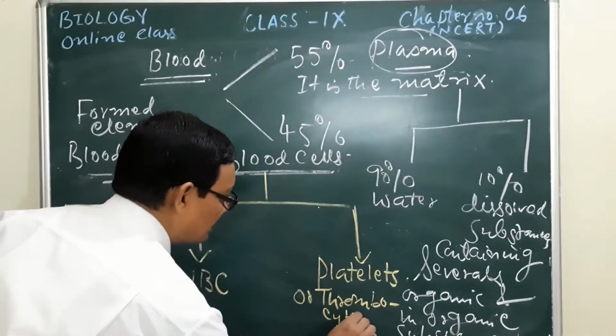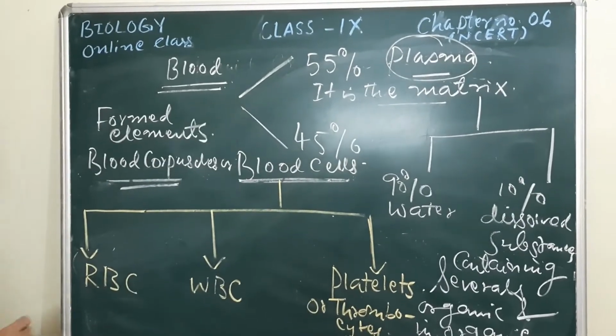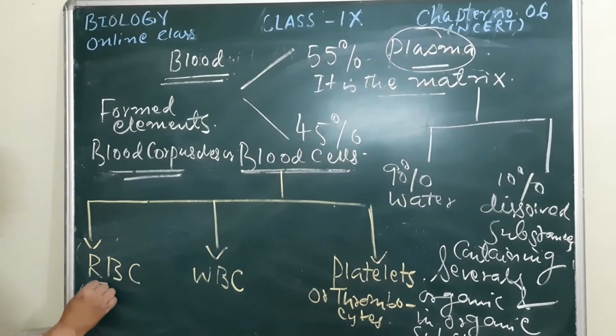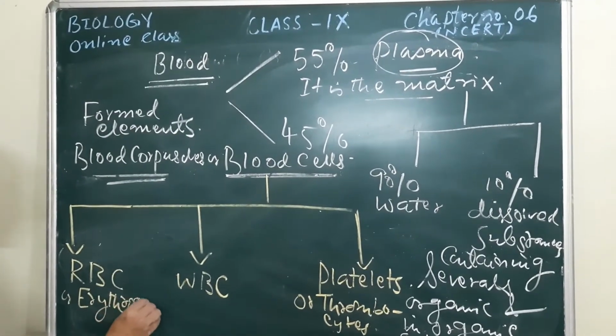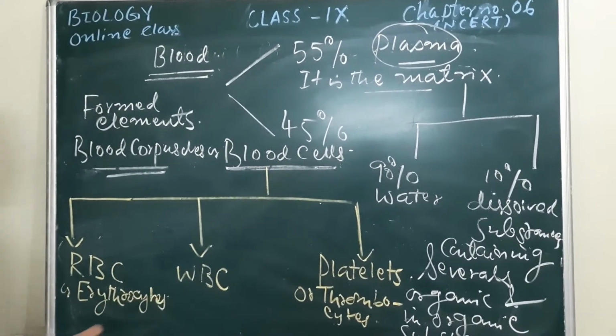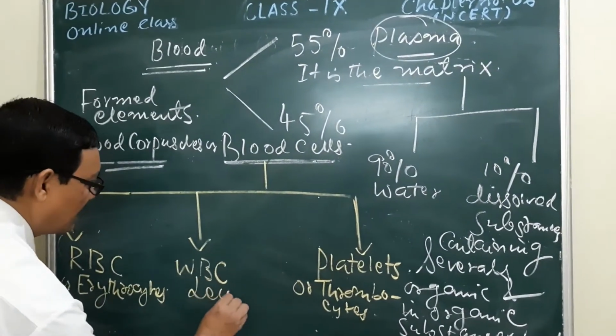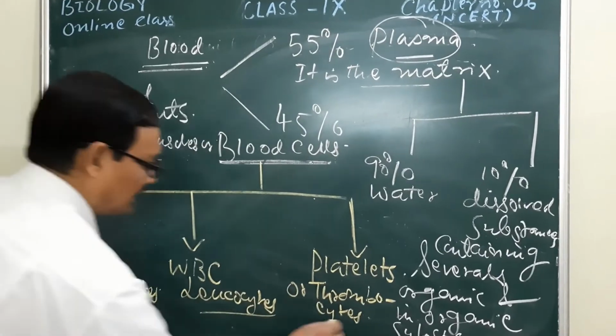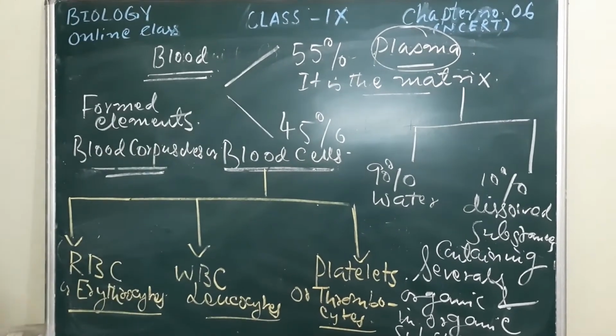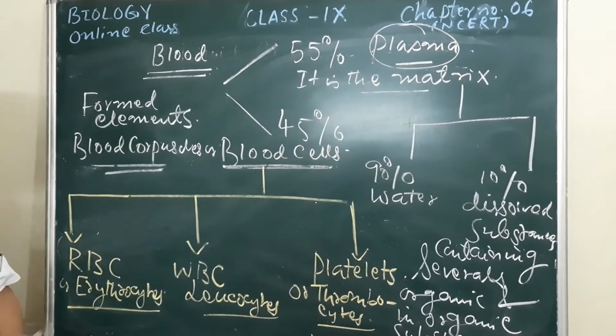RBC is also known as erythrocytes, and WBC is known as leukocytes. So these are the blood cells or the corpuscles of the blood.